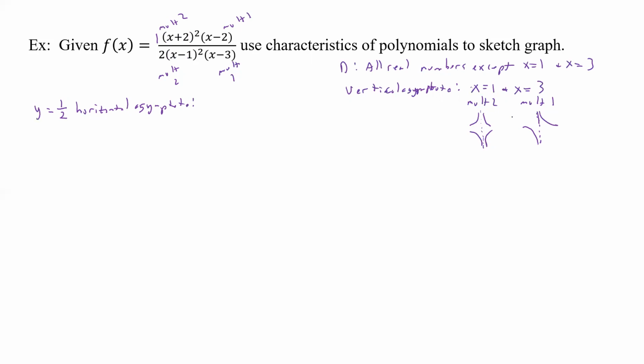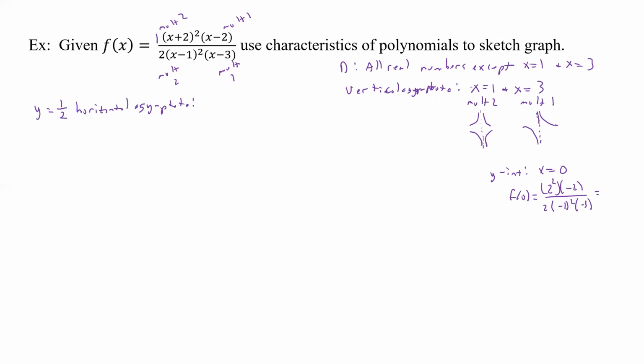Now we need some intercepts. What's our y-intercept first? That's easy, we just set x equals 0. So f of 0 is going to be 2 squared times negative 2, over 2 times negative 1 squared times negative 3.